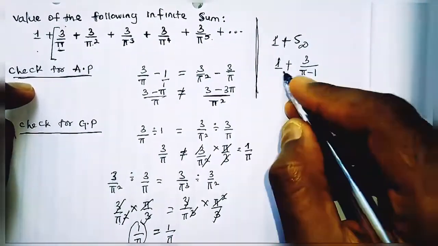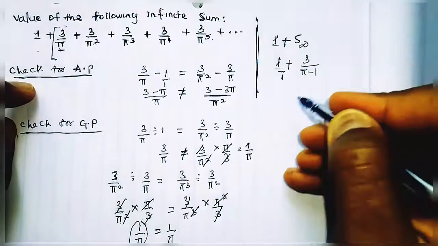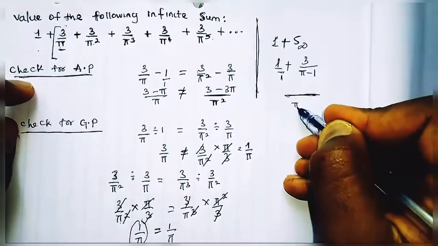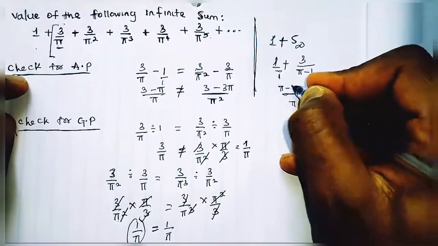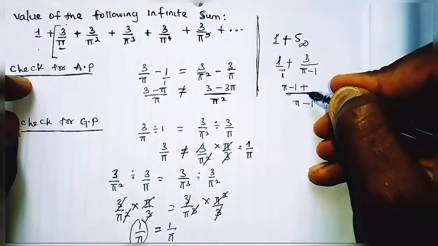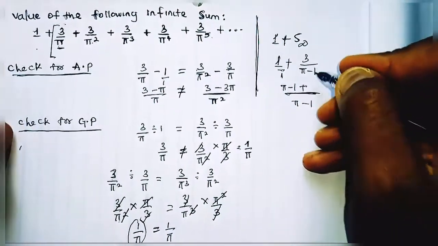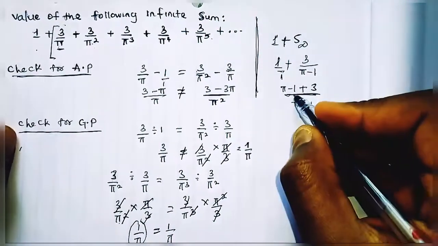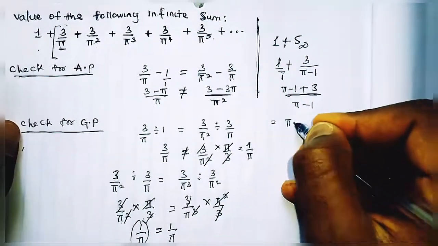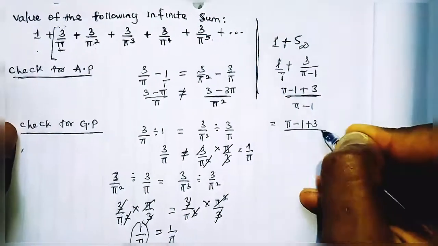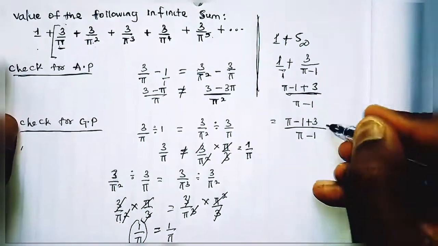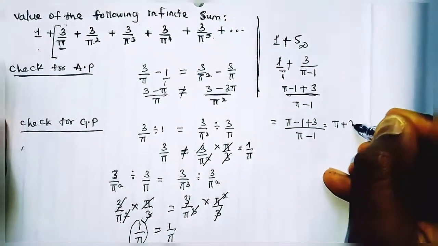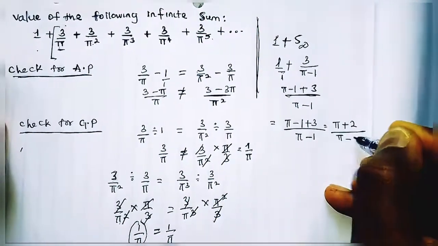So for 1 plus 3 divided by pi minus 1, we take the LCM, which is pi minus 1. So we'll have pi minus 1 plus 3 divided by pi minus 1. So minus 1 plus 3, that is pi plus 2 divided by pi minus 1.